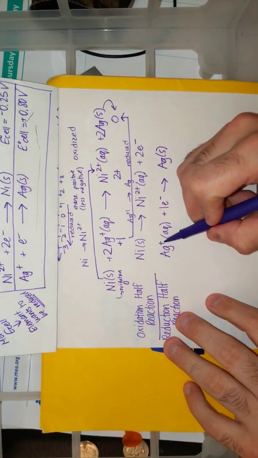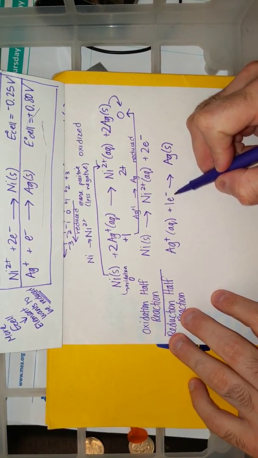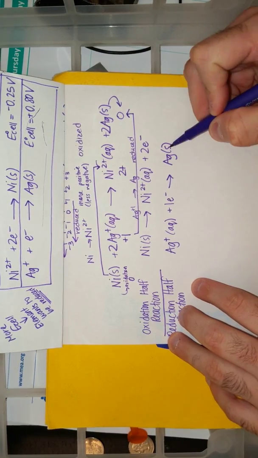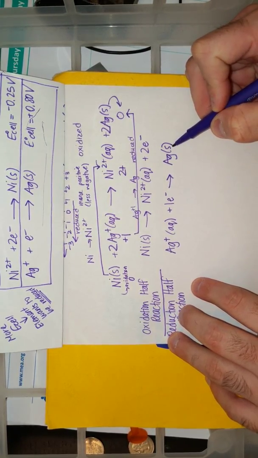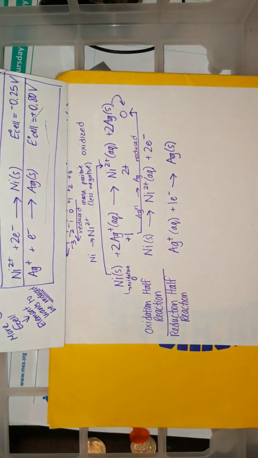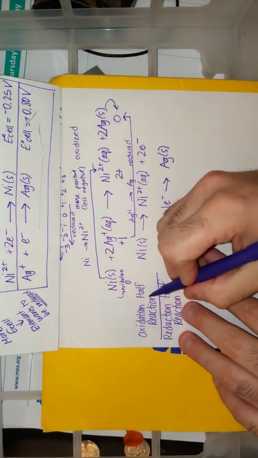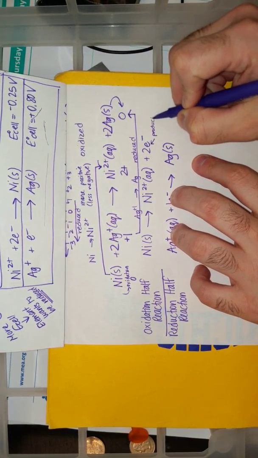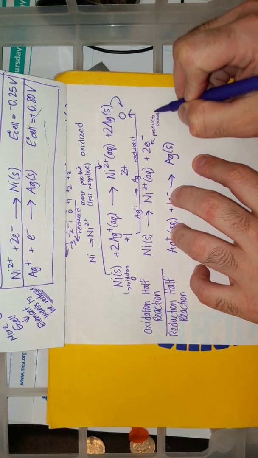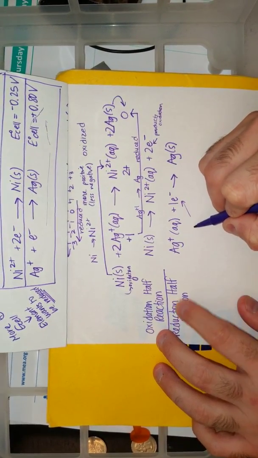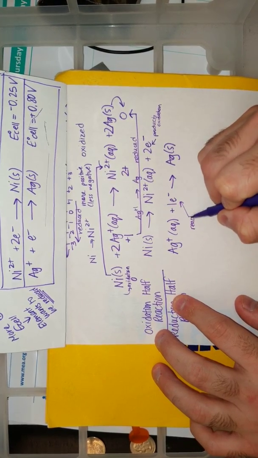So plus 1 means I am gaining 1 electron to become 0, because plus 1 and minus 1 gives me 0 oxidation state. As a little note, to figure out which way electrons go: for oxidation half reactions, electrons are always products. For reduction half reactions, electrons are always reactants.